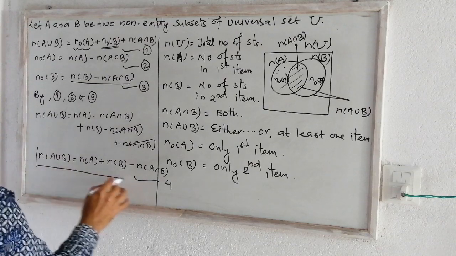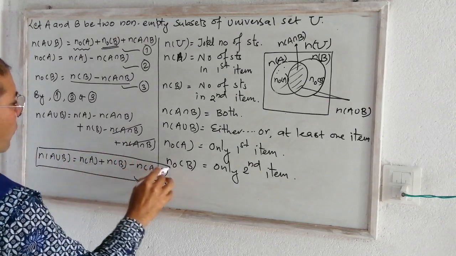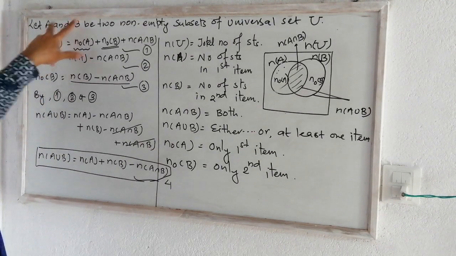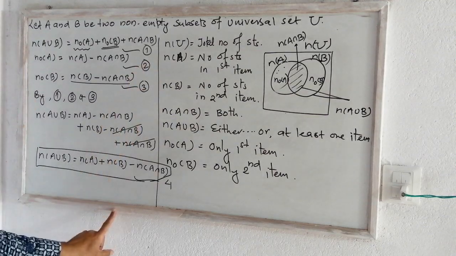This is the formula to find n of A union B if two subsets of the universal set are given.